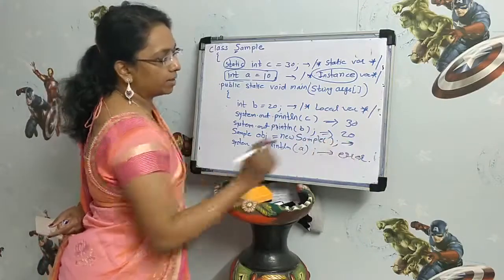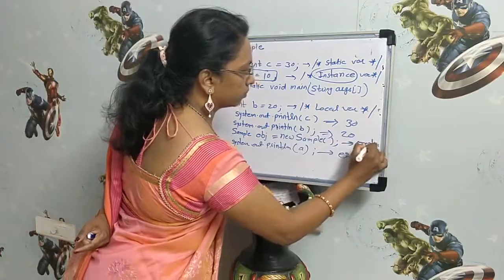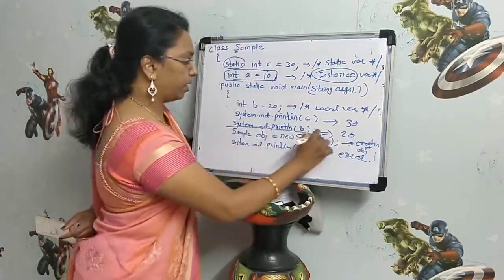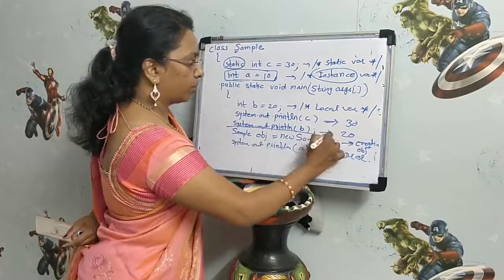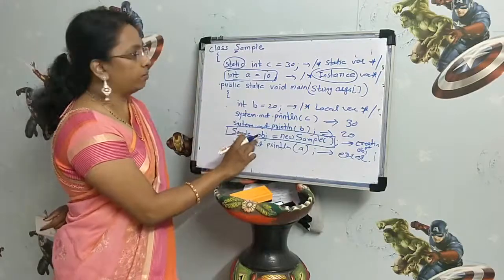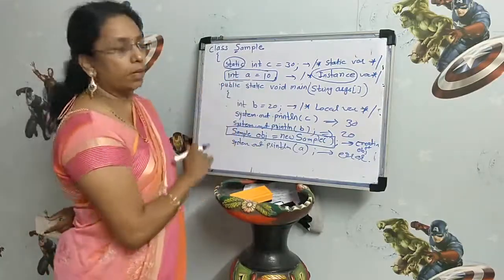So this is called creation of an object. Here we are creating an object of this class. Using this object we are going to access the instance variable a.